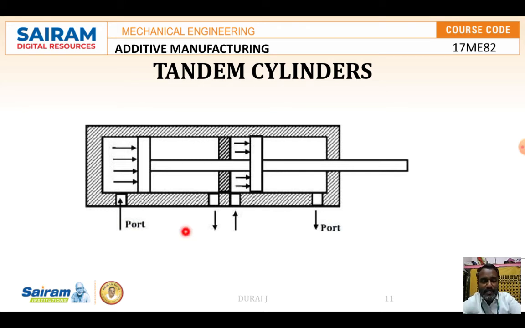Then we change the direction control valve, the fluid enters this port and pressure acts on this piston, and the same happens here. Then the piston moves from right to left, and whatever fluid is stored here comes away from this inlet port. Like this, the tandem cylinder works. Normally it may be used for heavy jobs.